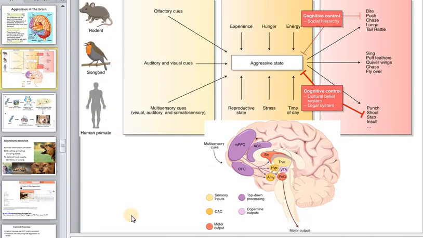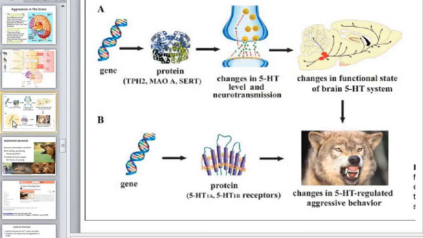And what we have, this aggressive state, can need some factors like stress, daytime, the state of the reproductive glands, the reproductive system, and hunger. Sometimes it's just energy, and to a certain extent everything can depend on genetics, and we will return to this issue when we consider the psychology of animals and even humans.